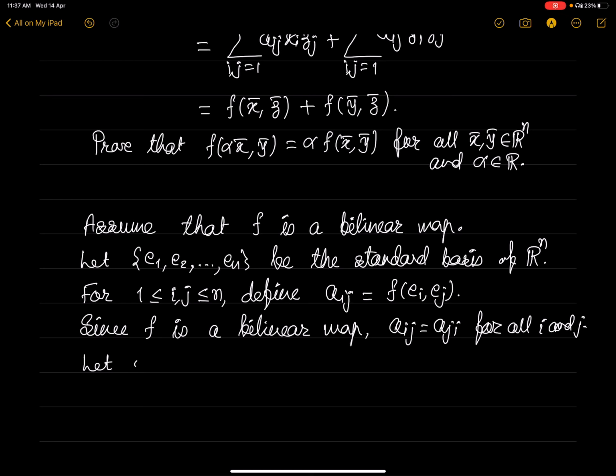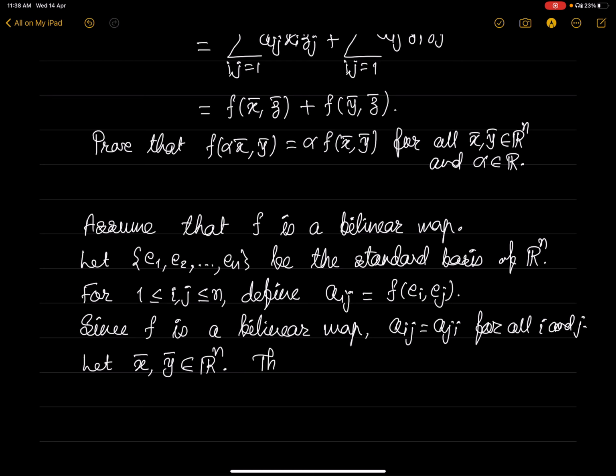Let x bar, y bar, z bar. No, I'm sorry. What do we want to show? Yes, f has this form. That is what we want to show. I'm sorry. So we start with let x bar, y bar in R^n. Right.